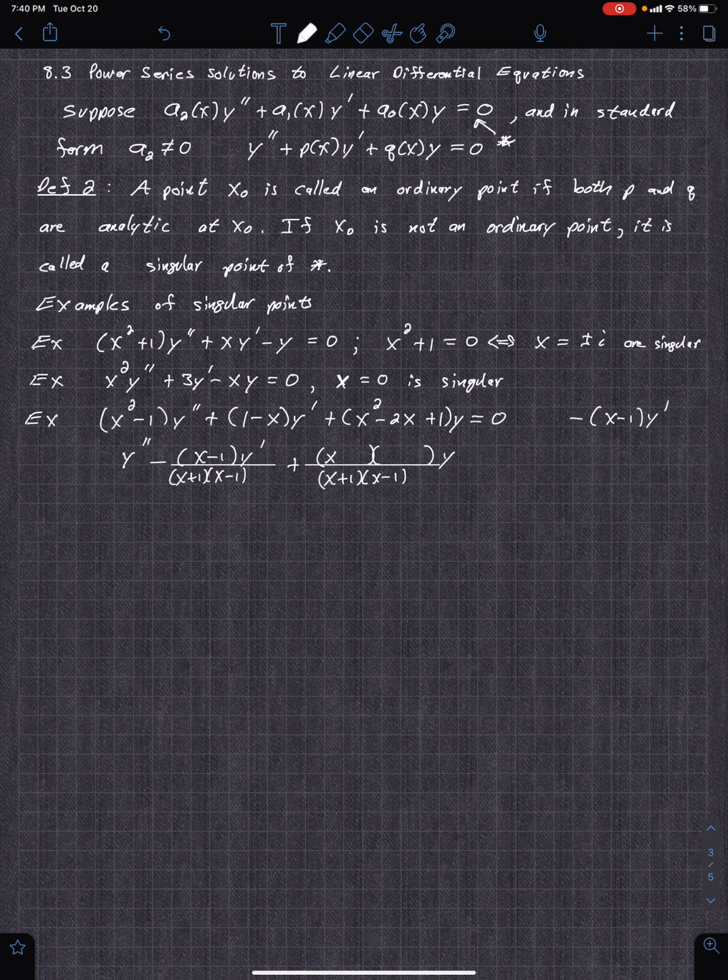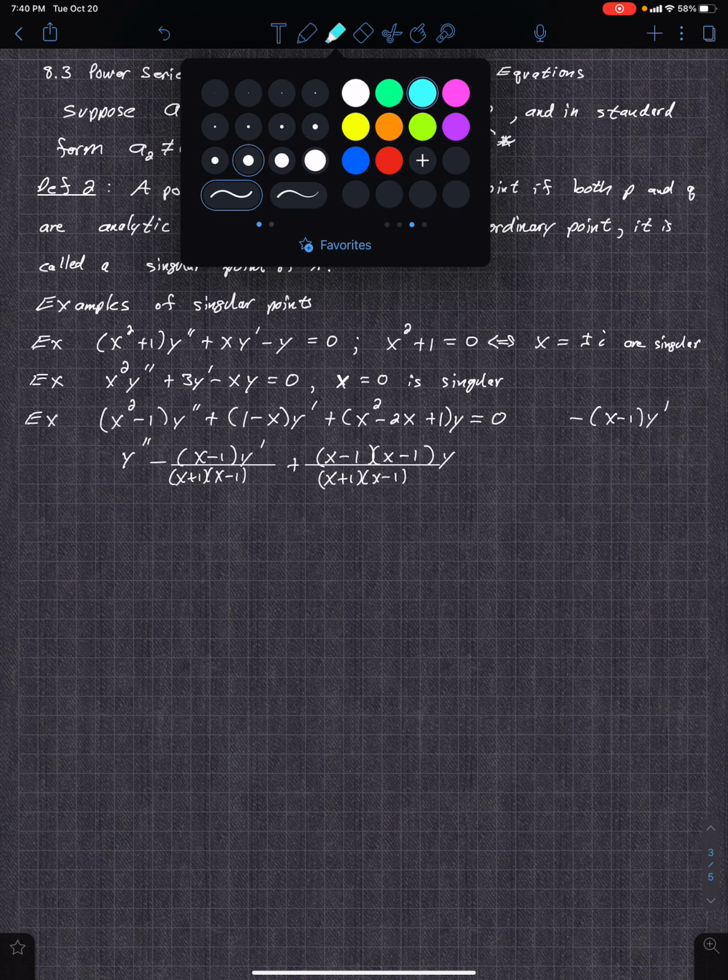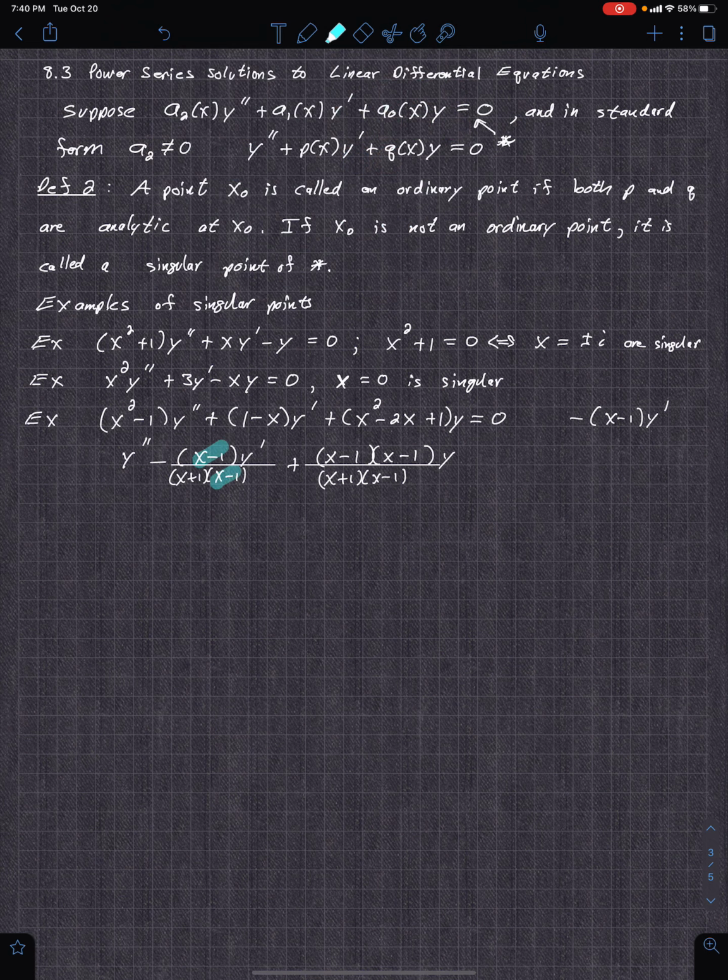That's actually a perfect square trinomial, x minus 1, x minus 1. And then we can see that those factors are all gone. So that's what we would refer to as a removable point. So our only singular point is x equal to -1, and x equal to 1 is removable.